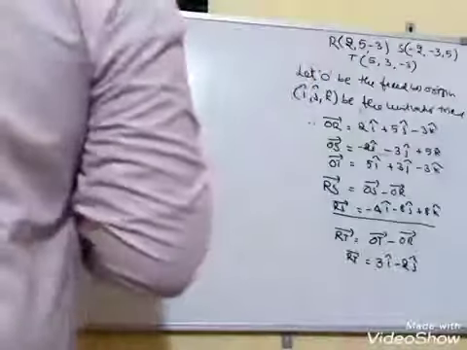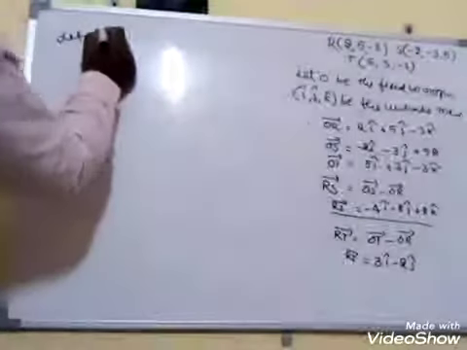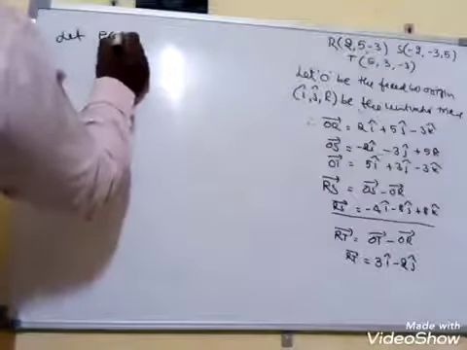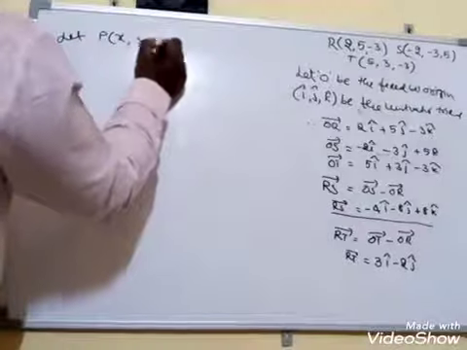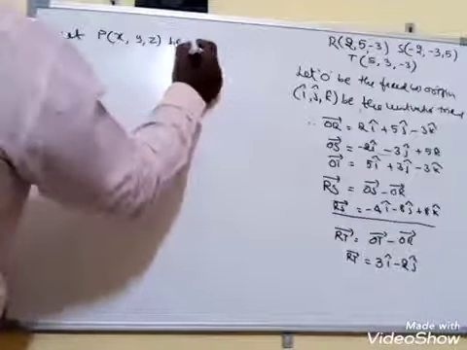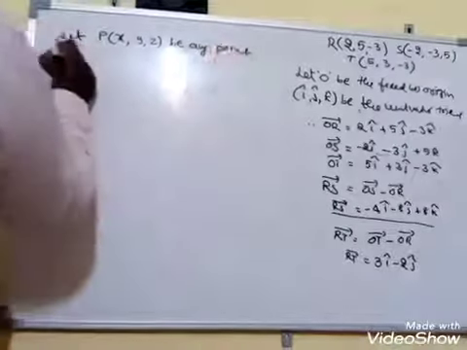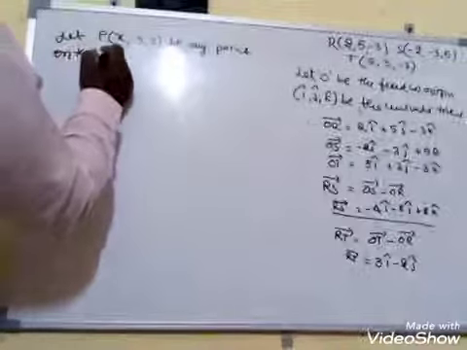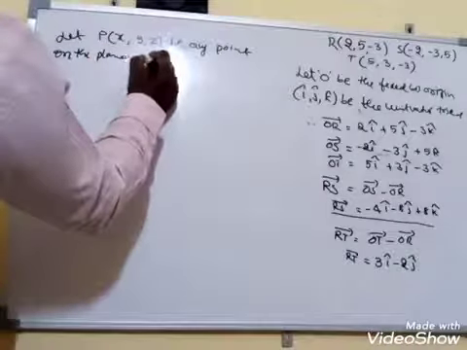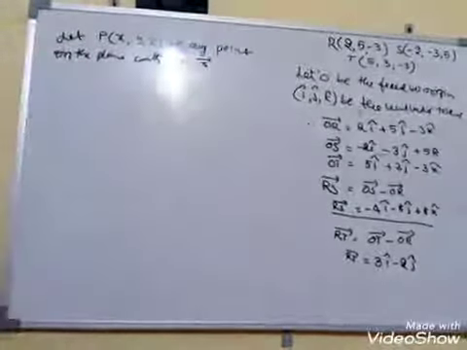Okay, let P(x, y, z) be any point, that means an arbitrary point on the plane, with position vector R bar.